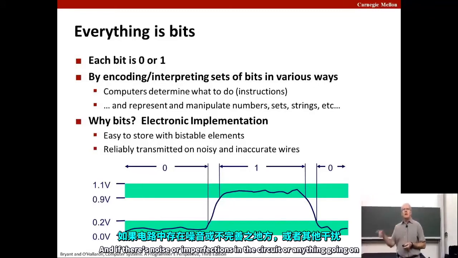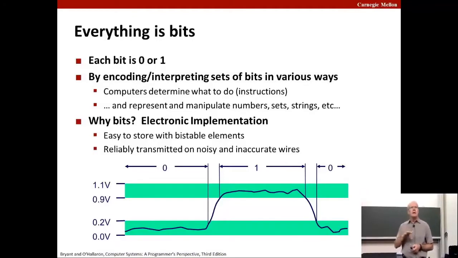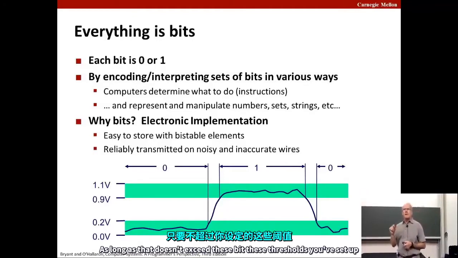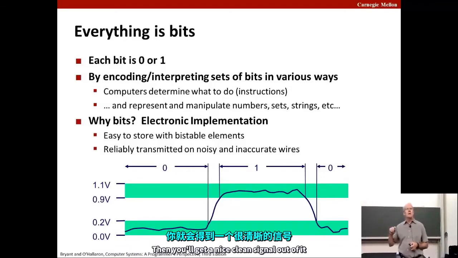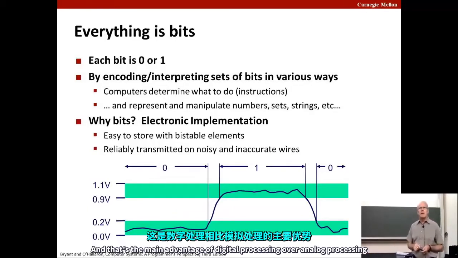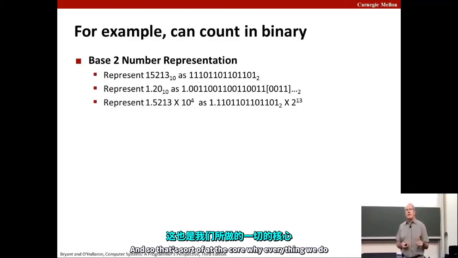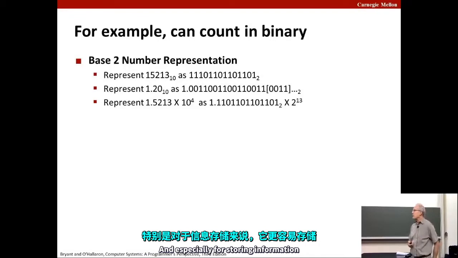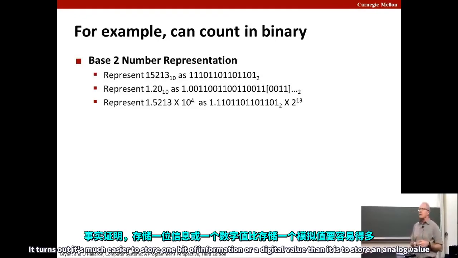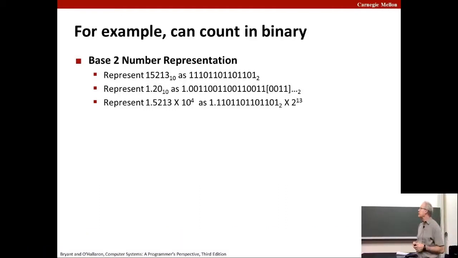If there's noise or imperfections in the circuit, as long as that doesn't exceed the thresholds you've set up, you'll get a nice clean signal out of it. That's the main advantage of digital processing over analog processing. That's at the core of why, especially for storing information, it's much easier to store one bit of information, a digital value, than it is to store an analog value.